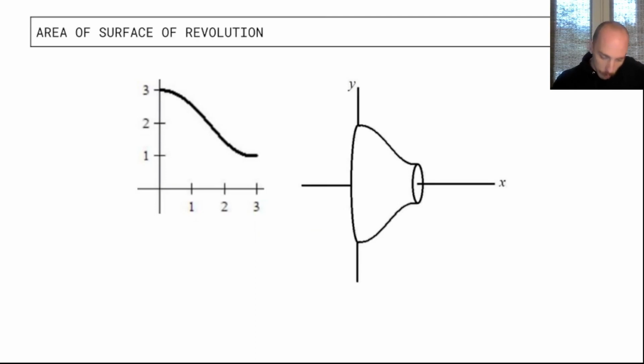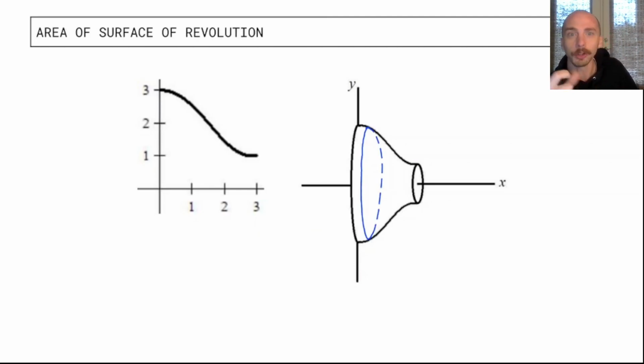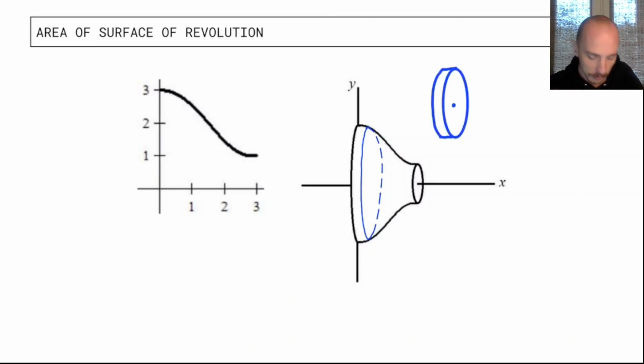And so what we're going to do is cut this up into really small pieces, almost like discs, when we did that in AP Calculus. And we're going to look at the area of that thing, and then we're going to add them all together. So if I look a little closer at that, it'd look kind of like a little ribbon piece.